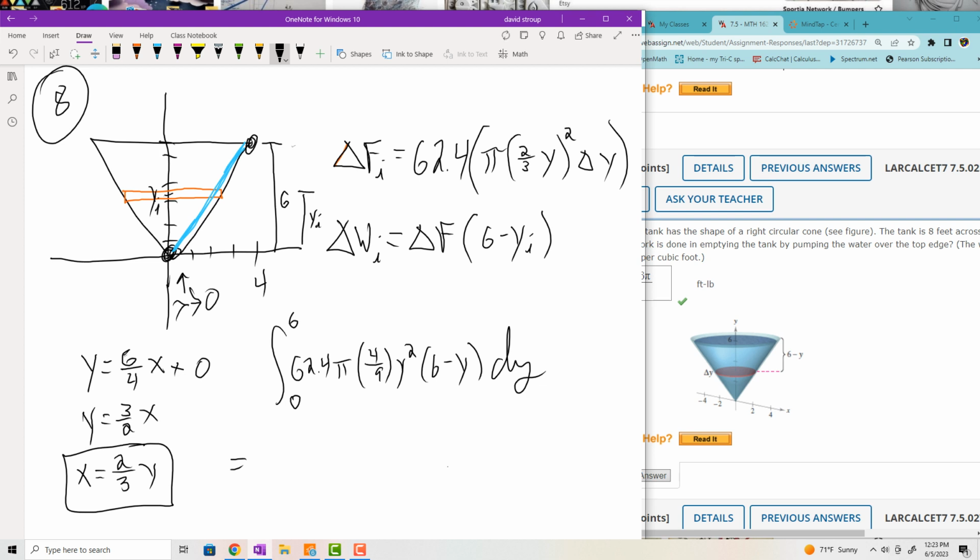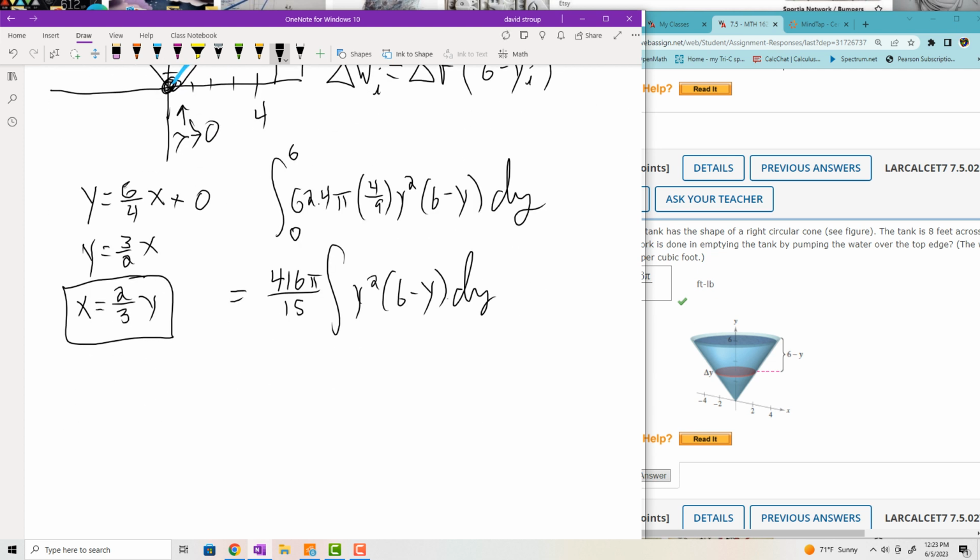So I have 62.4 times 4/9, which is 416 pi over 15, and then the integral of y squared times 6 minus y, dy. Then you want to distribute and integrate. So this will be 416 pi over 15 times the integral of 6y squared minus y cubed, dy from 0 to 6.